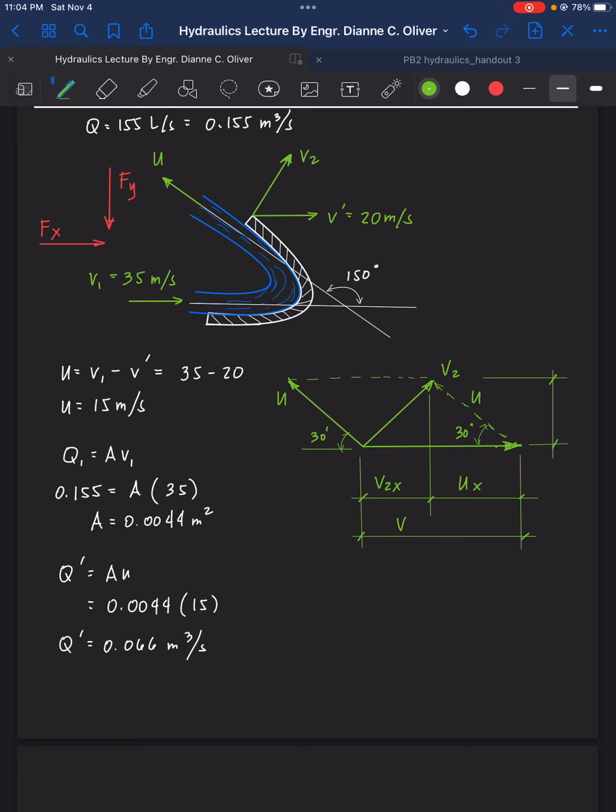Oh, by the way, what we did a while ago, it should be the 20 meter per second. Still, the UX equal to 13 is less than the 20 meter per second, right? So still, the assumption previously is incorrect. So we should have been using the 20 meter per second a while ago.